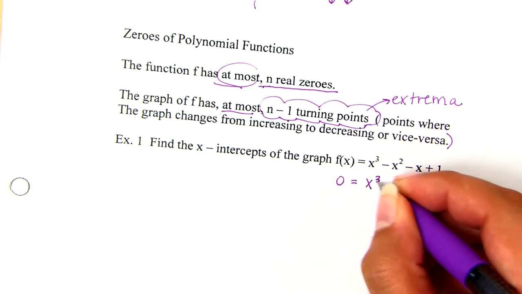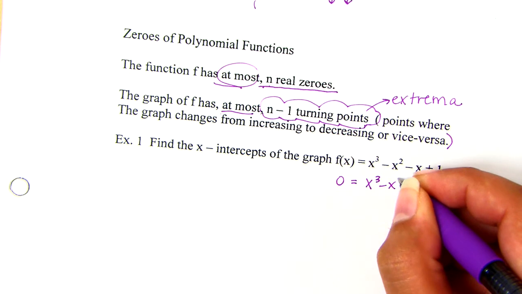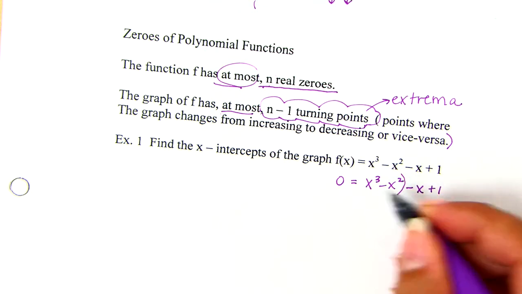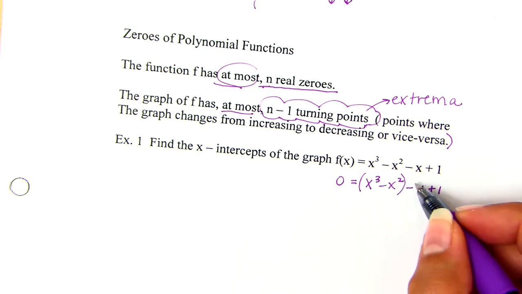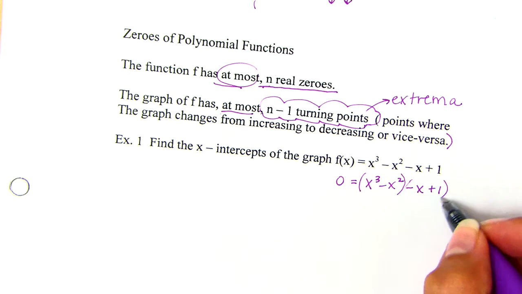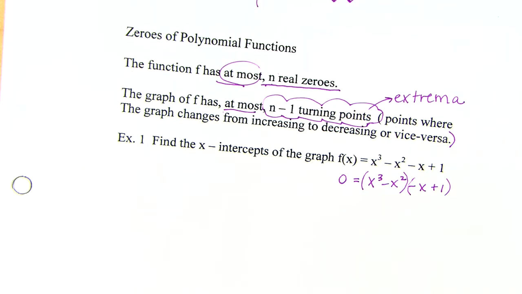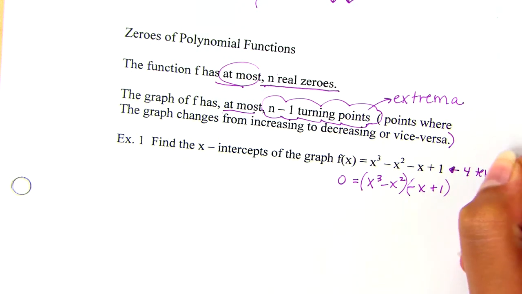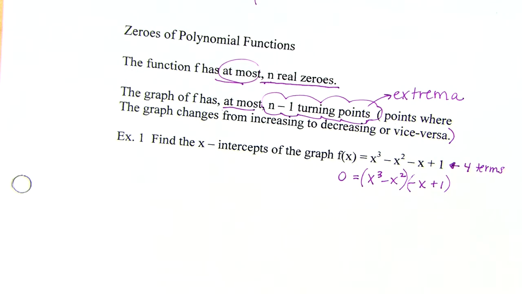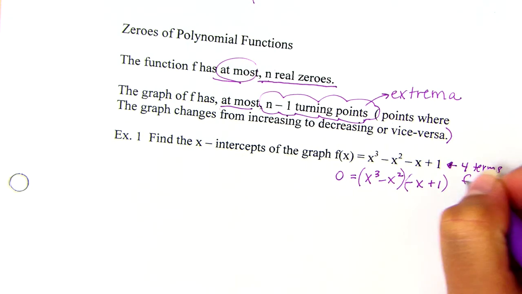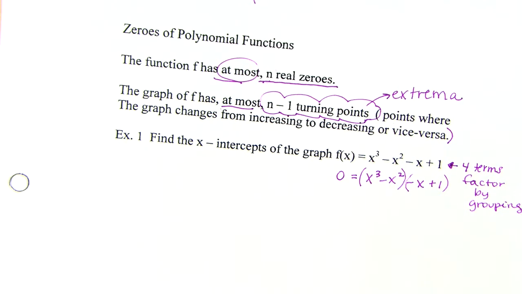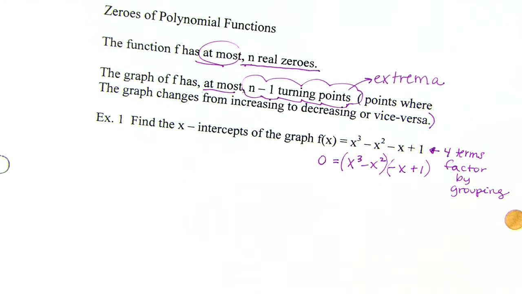Factoring by grouping. Exactly. To factor by grouping, it's kind of like the name implies, we group the first 2 terms and the last 2 terms. We're only doing this when we have 4 terms. So, 4 terms, factor by grouping.